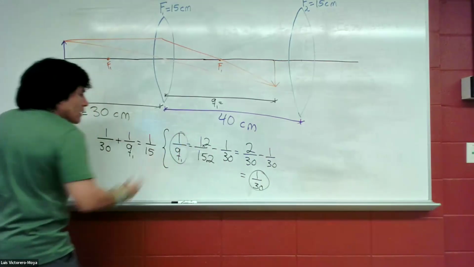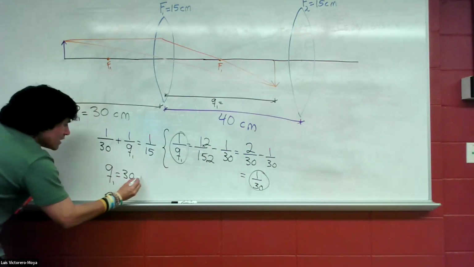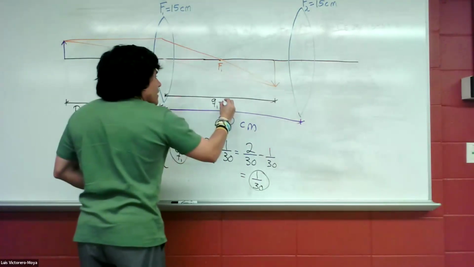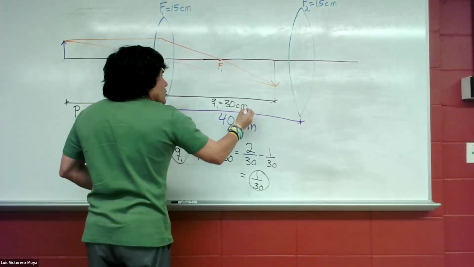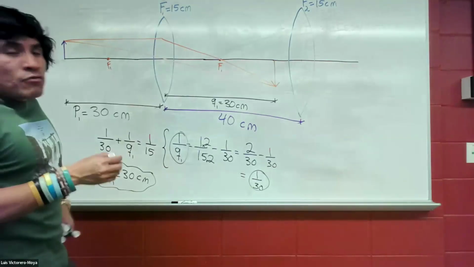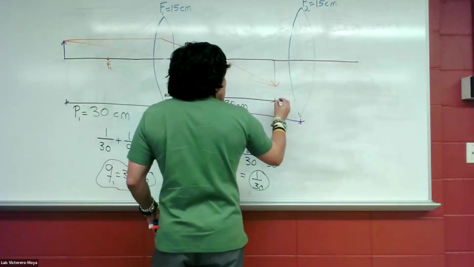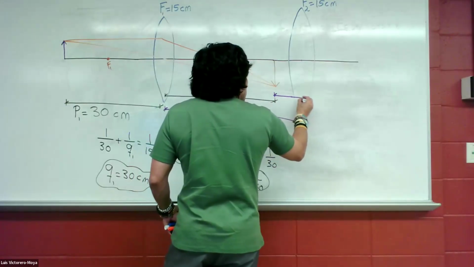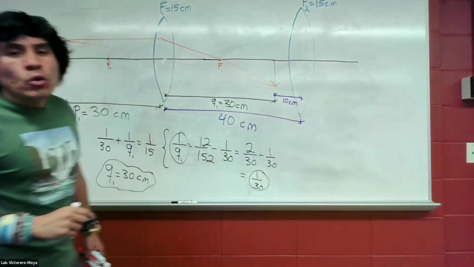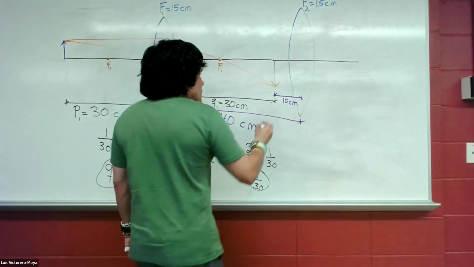So Q1 is 30 centimeters. Yeah, that makes sense. That means that the image is very close to the second lens. In fact, 40 minus 30 is 10. That is P2, the object distance for the second lens.